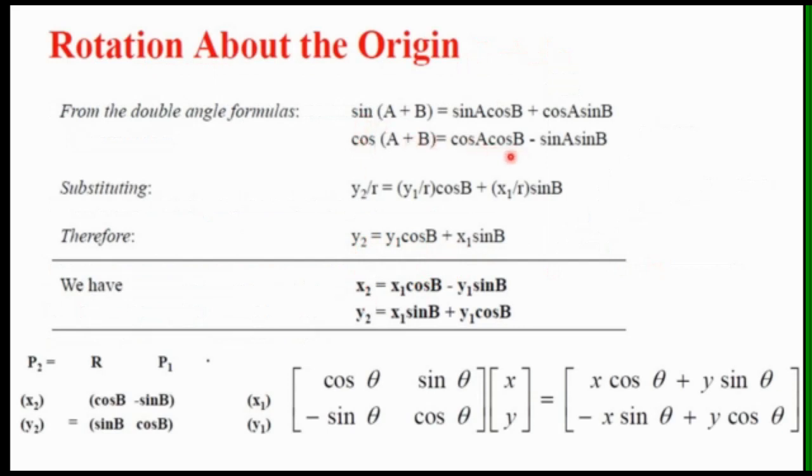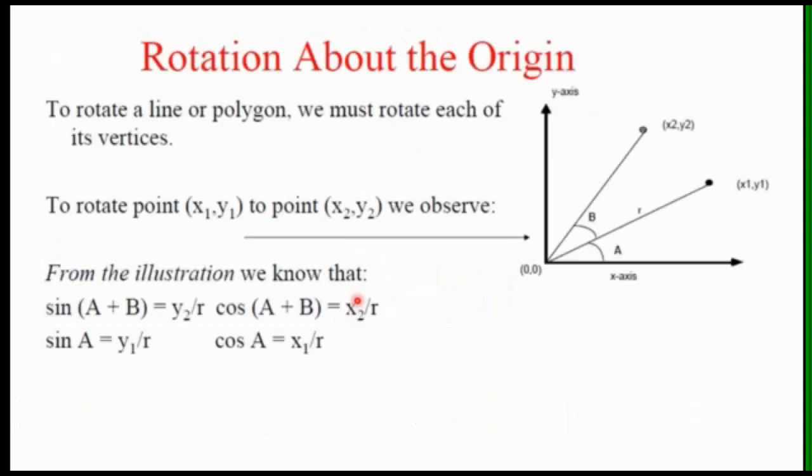When we put the values of cos(a plus b), cos a and sin a into the equation, we get x2 is equal to x1 cos b minus y1 sin b. So x2 and y2 are the new coordinates of this line when we rotate it by a certain angle beta about the origin O.